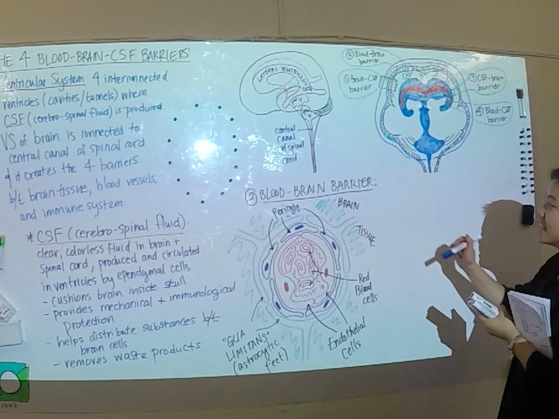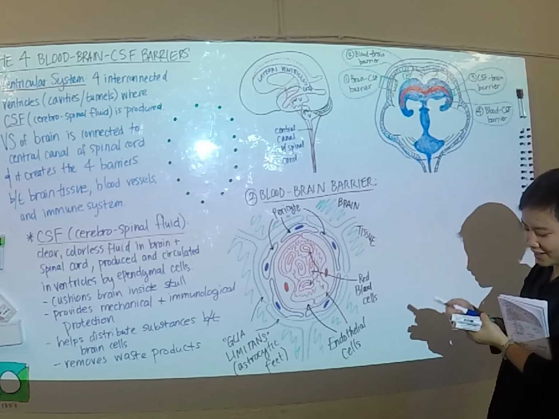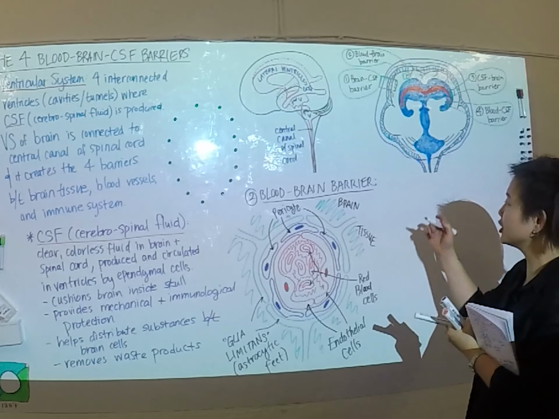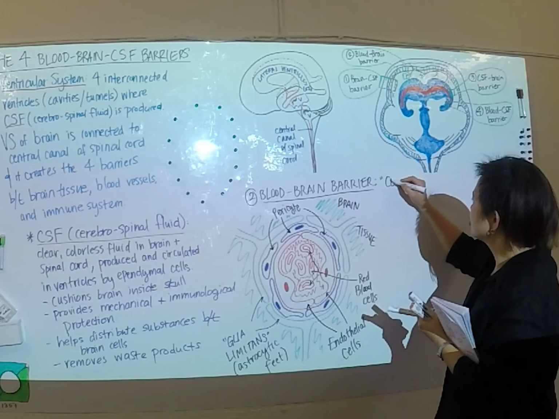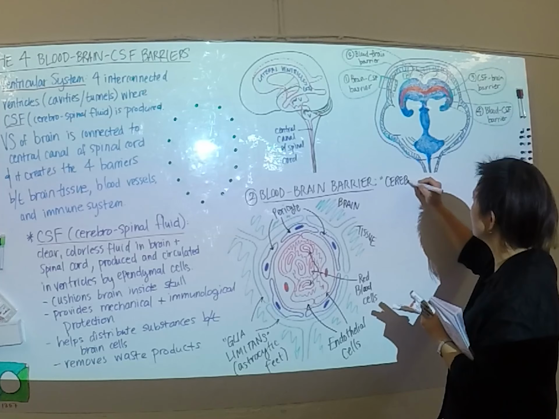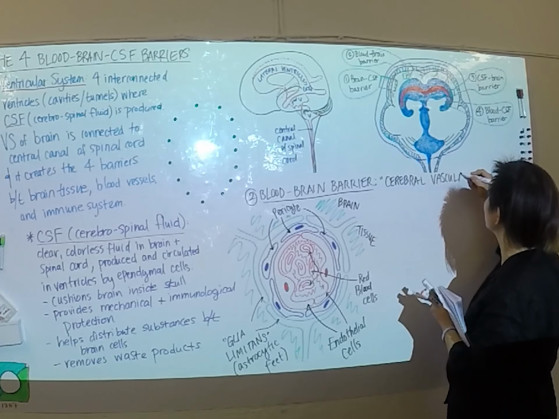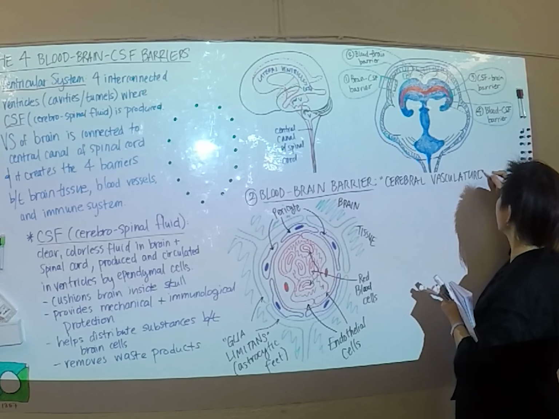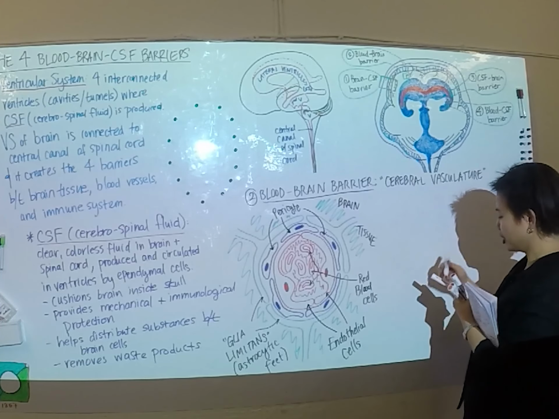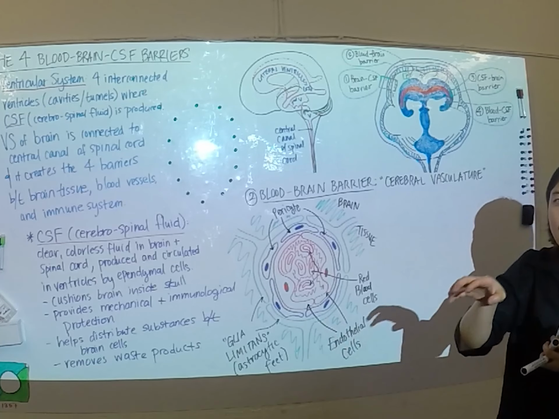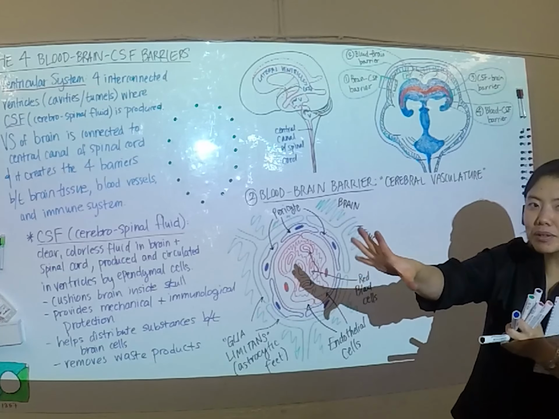So, what this actually means is that the blood-brain barrier is basically the cerebral vasculature. Cerebral vasculature. Okay. Vasculature just means a network, a system of blood vessels and capillaries.